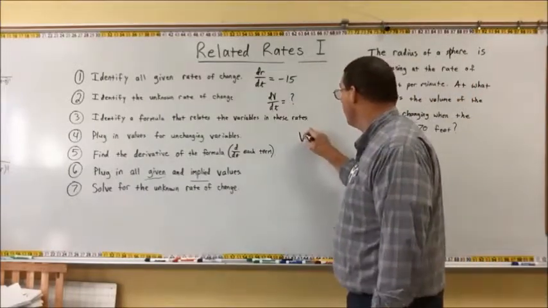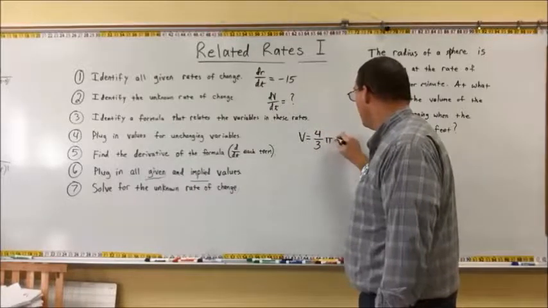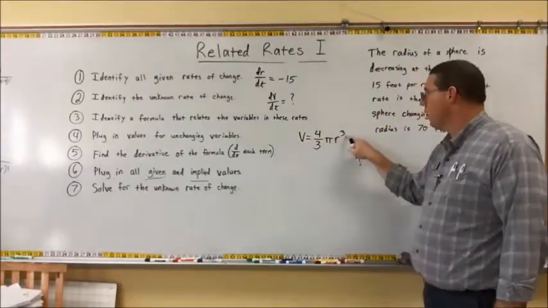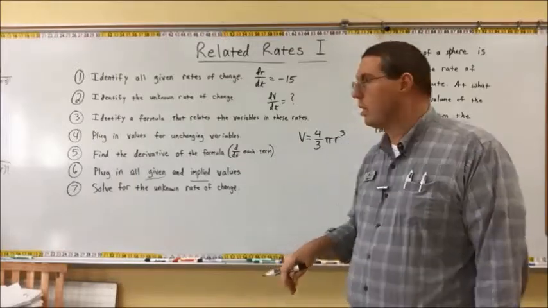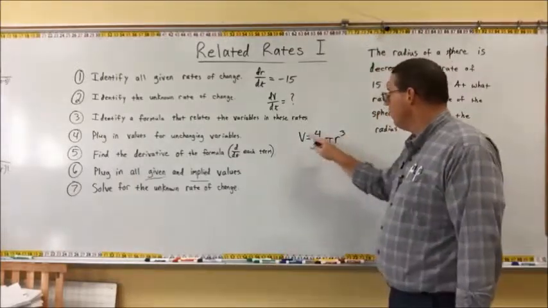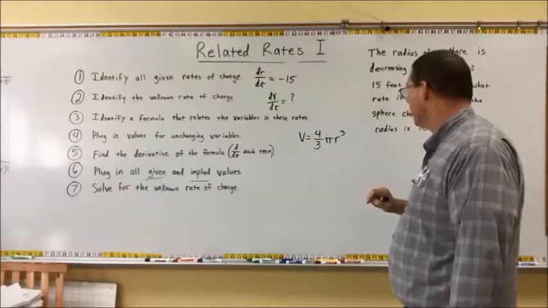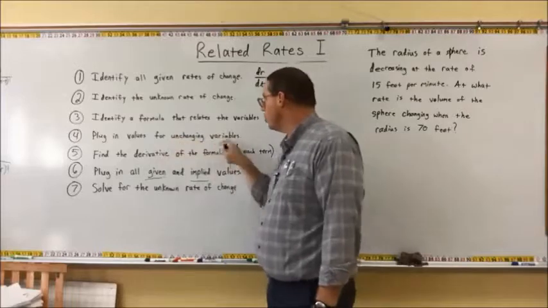The volume of a sphere is equal to 4/3 pi r cubed. See, it's a volume, therefore the variable is cubed. The dimension is cubed. Third dimension, volume is a three-dimensional characteristic, quality. Okay?